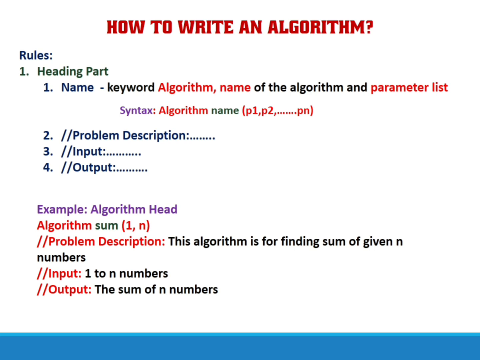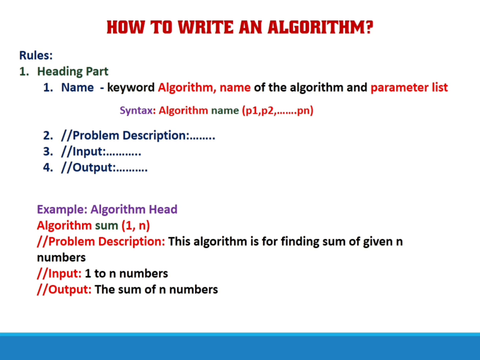On the screen you can see an example of the algorithm heading part. This is the example for the sum of n numbers. The first sentence is the algorithm name, and it has the keyword algorithm, marked in red. You can see that, so this is mandatory.